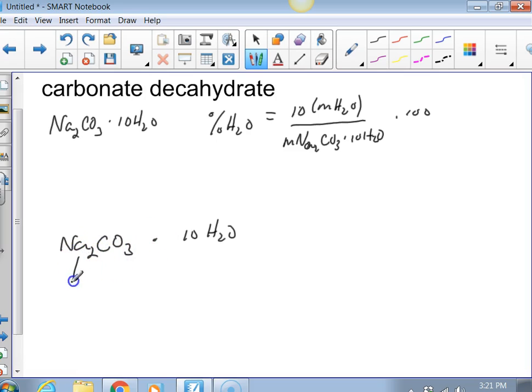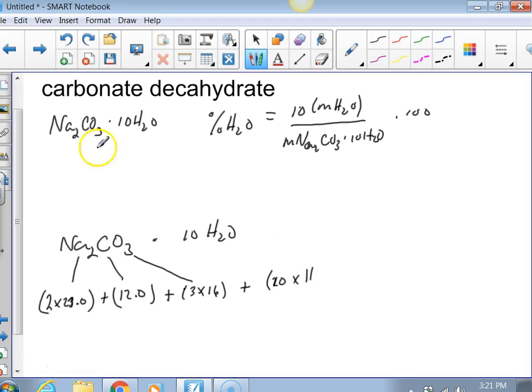So we have 2 times 23, which is the mass from the periodic table for sodium, plus 12, plus 3 times 16, plus 10, let's make that 20, times hydrogen's mass.